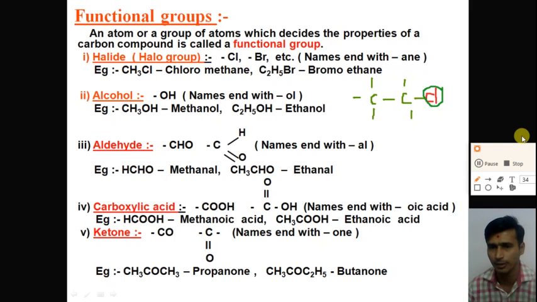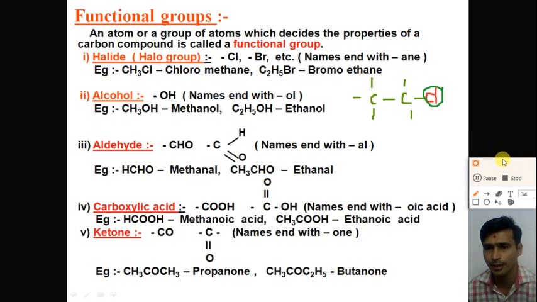Three carbon atoms and all the hydrogen atoms, with one hydrogen atom replaced by a chlorine or bromine atom, right? So you can make the molecular formula of chloropropane, bromopropane, chlorobutane, bromobutane, chloropentane, bromopentane, chlorohexane, bromohexane, right?